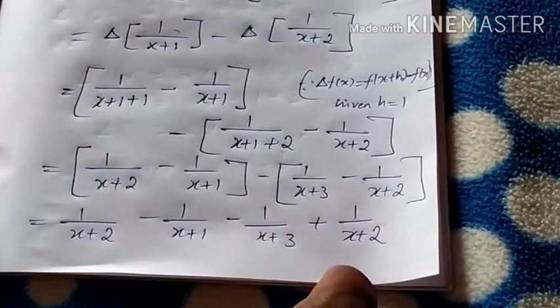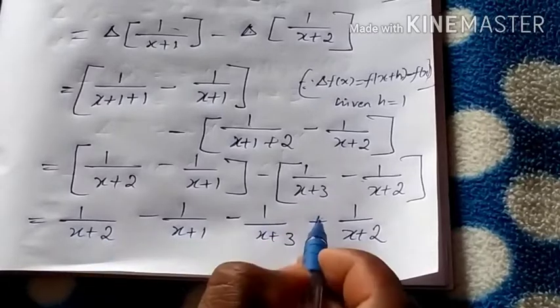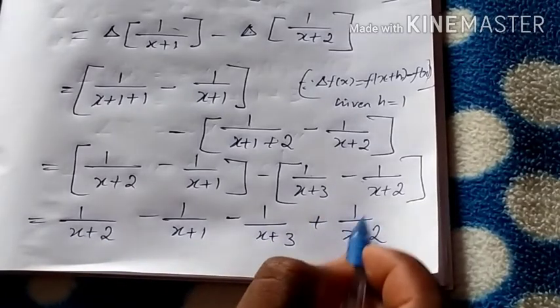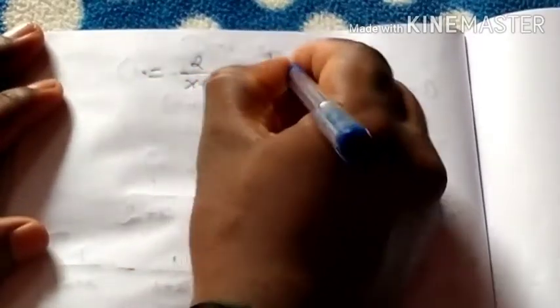Okay, have you understood? Okay, 1 by x plus 2 plus 1 by x plus 2, totally 2 by x plus 2. Then remaining these 2 terms, which is equal to 2 by x plus 2 minus 1 by x plus 1 minus 1 by x plus 3. This is the last term.